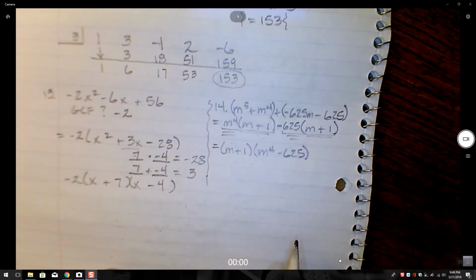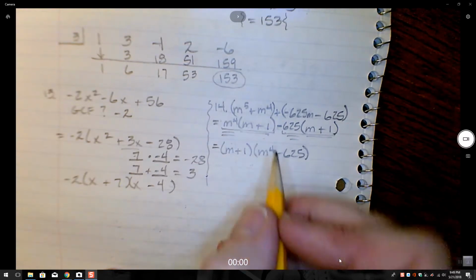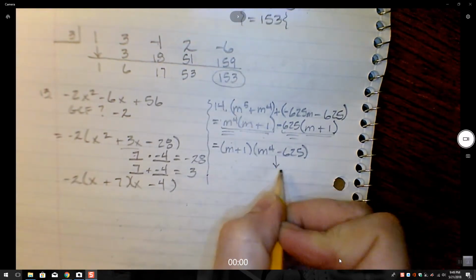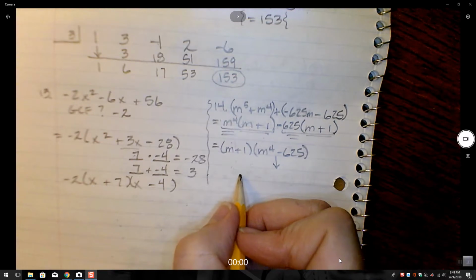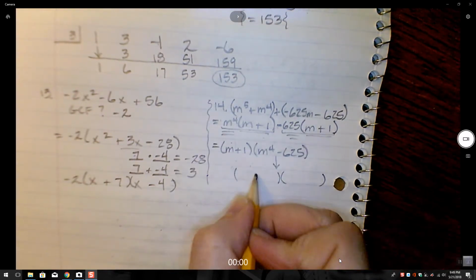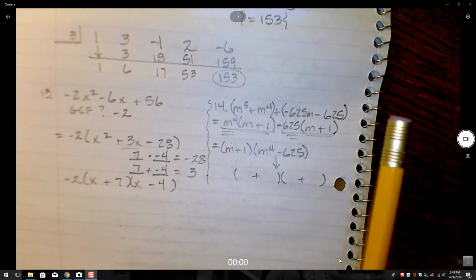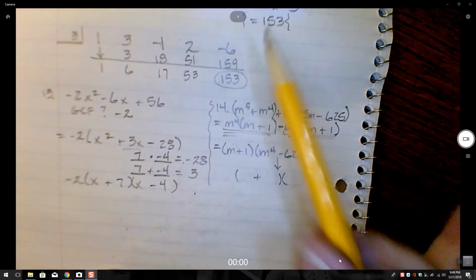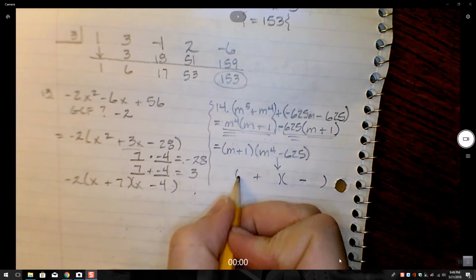But we're not done yet, because this is a difference of squares, isn't it? So difference of squares, we take the square root of both the terms and put them in two parentheticals, one with a plus and one with a minus.